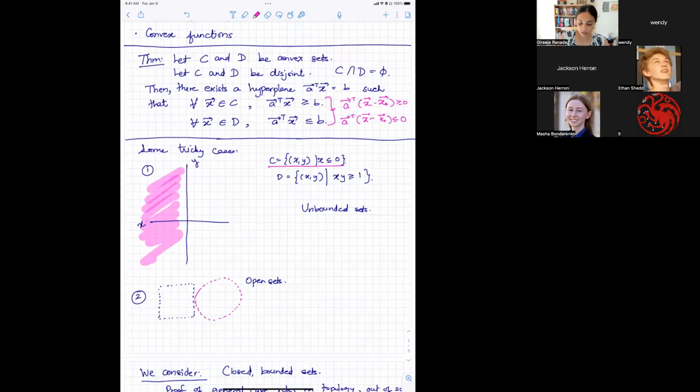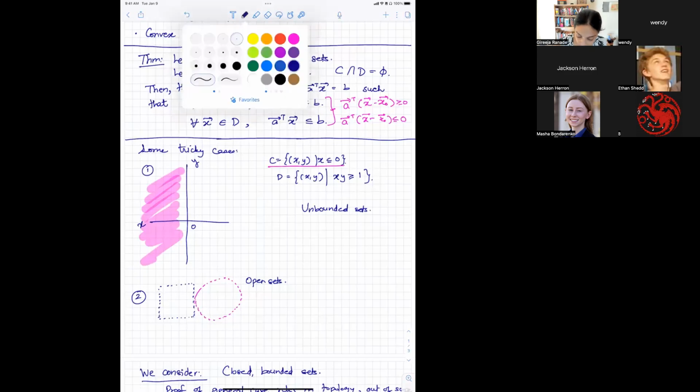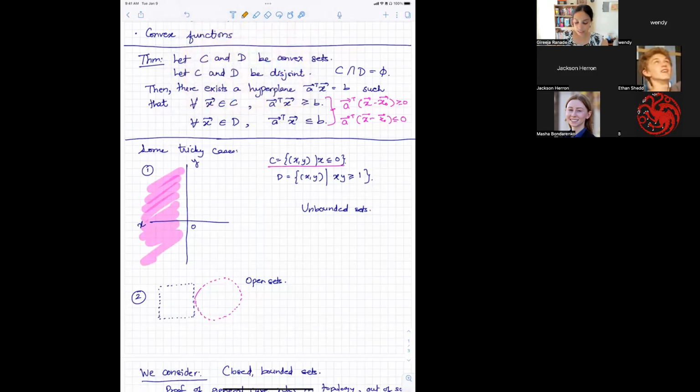So it's everything to the left of the axis. And what if I considered my second set D to be given by this expression here? So I'm looking at all of those points such that X times Y is greater than 1. So that means that basically Y is greater than or equal to 1 over X, right?